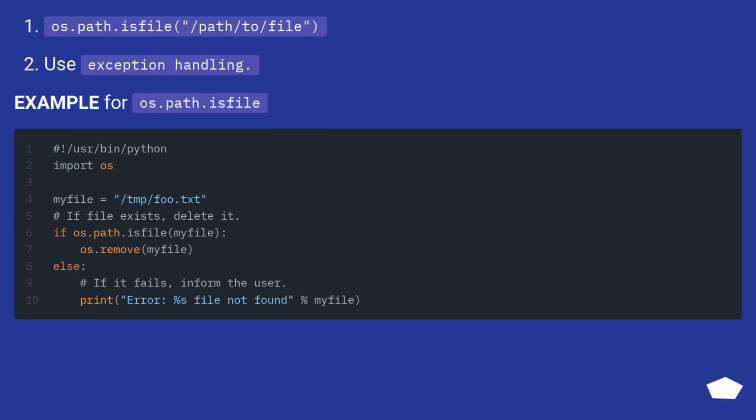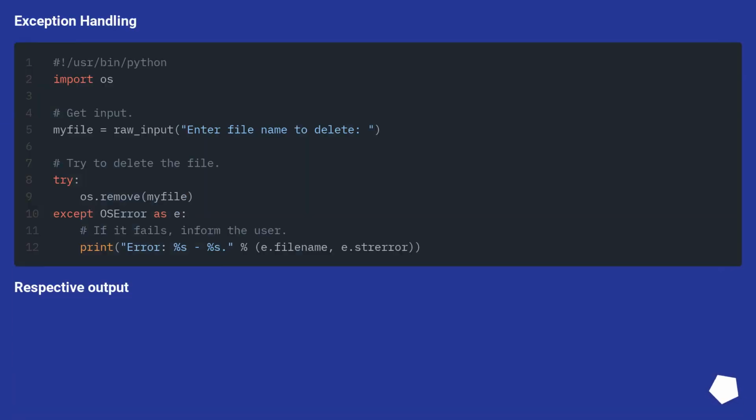Example for os.path.isfile. Exception handling. Respective output.